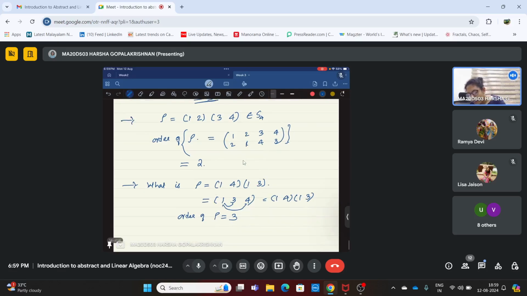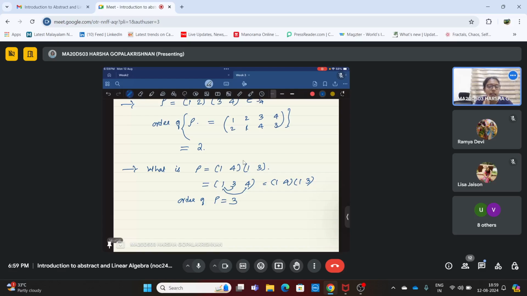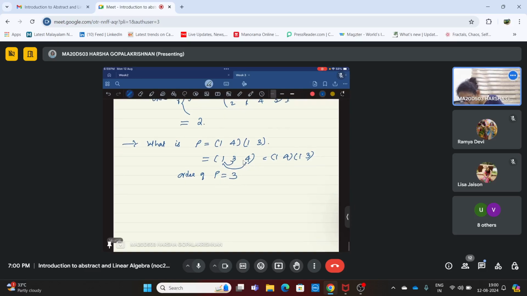So if you have a row which is not in the form of a product of disjoint cycles, first understand what that row is, write the row, and then see if it is a cycle; you can write the length as the order. If it is not a cycle, you can write it as a product of cycles and then find the order. Again I am going to the product of cycles only.